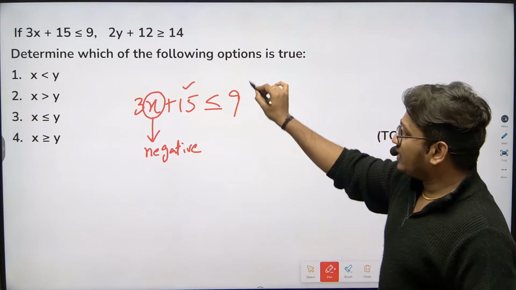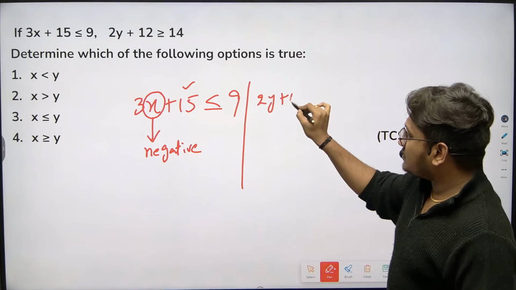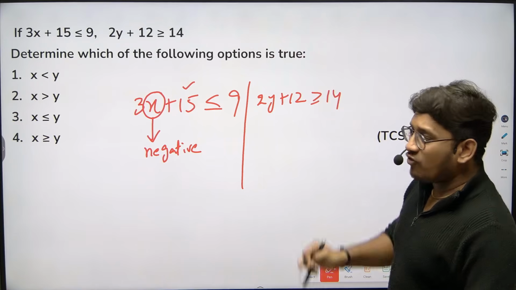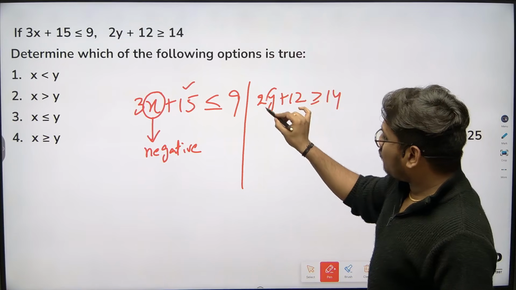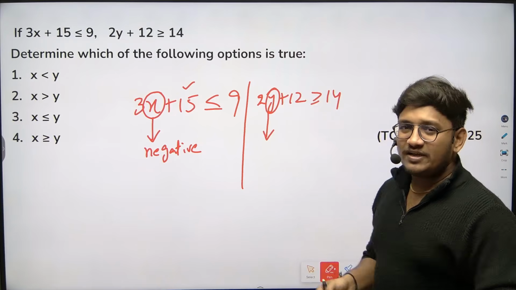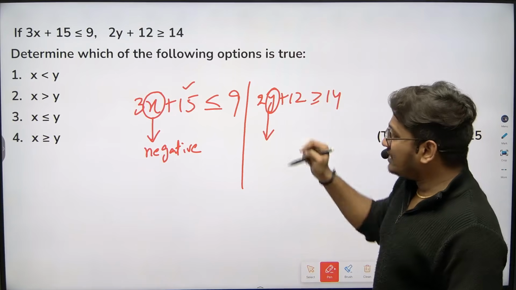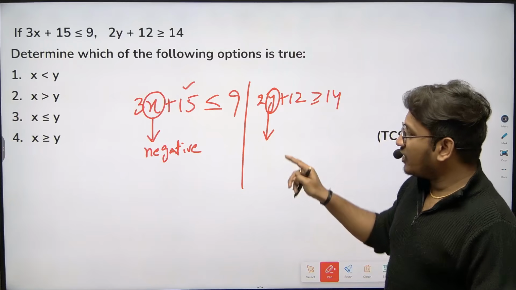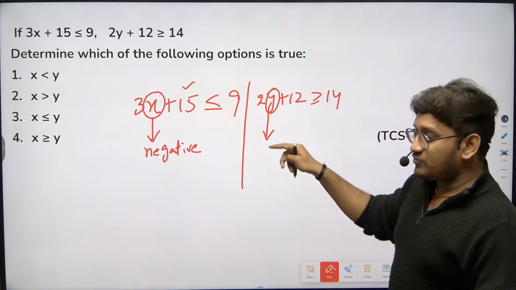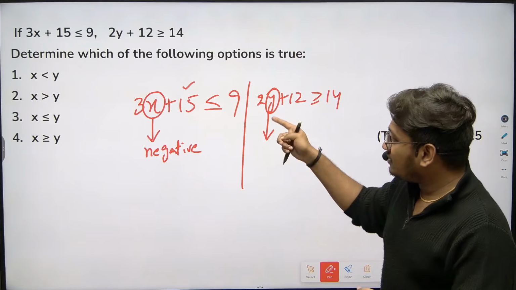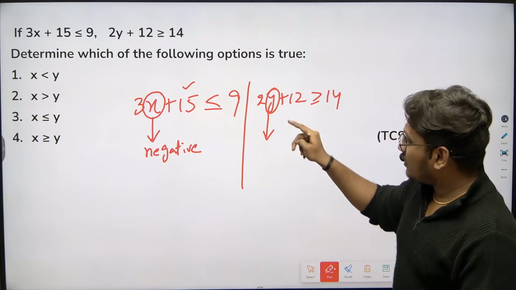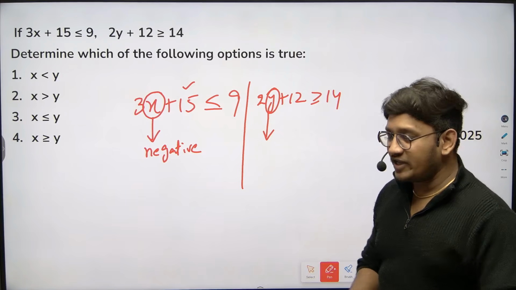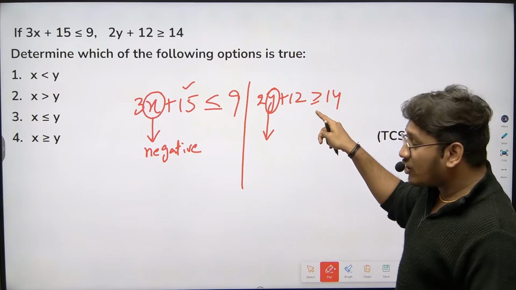Now let's take another one. 2y plus 12 is greater than or equal to 14. What can be the value of y? Let's analyze. If y is 0, this will be false, right? If y is 1, this will be correct, because 2 into 1 is 2, plus 12 is 14, and 14 is greater than or equal to 14.